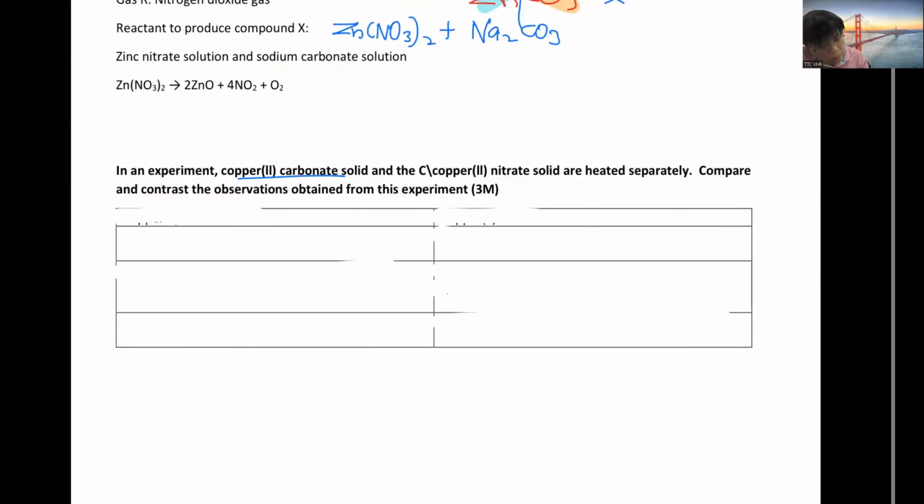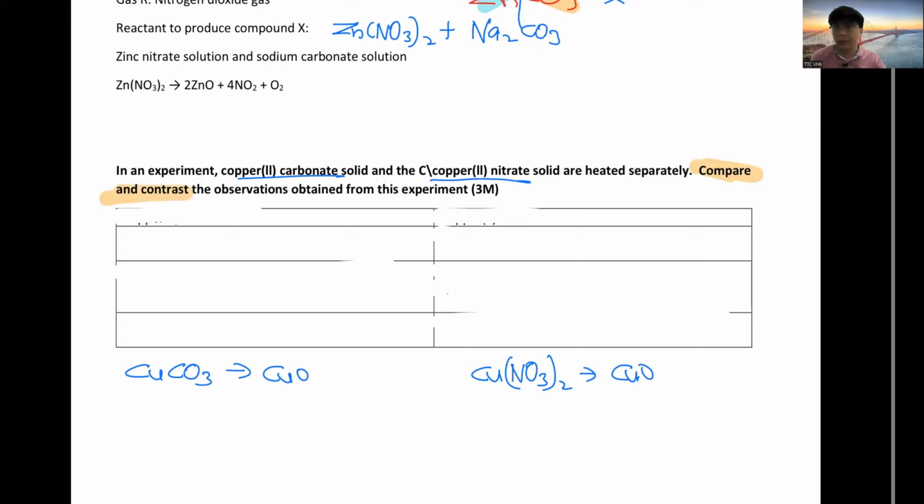And the second question: compare and contrast heating copper(II) nitrate and copper(II) carbonate. When heated, both will give copper(II) oxide. Compare and contrast means you must give me the similarity and the differences.